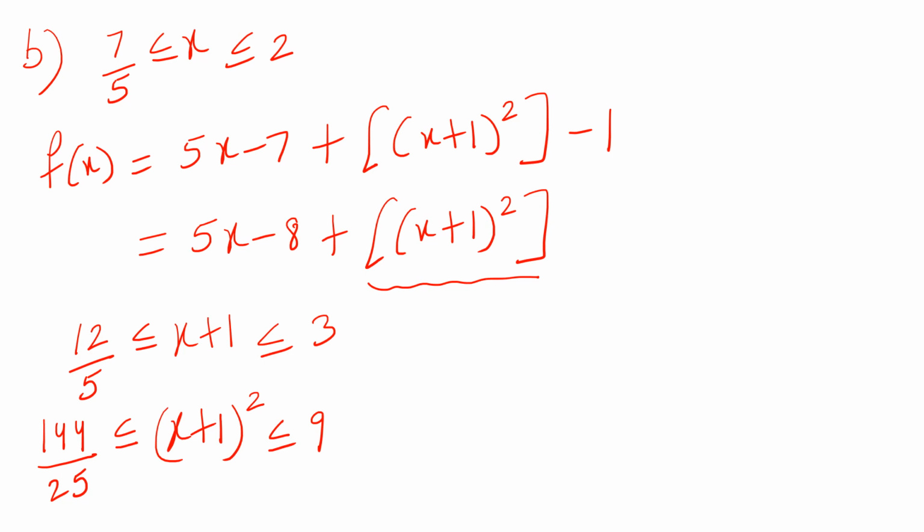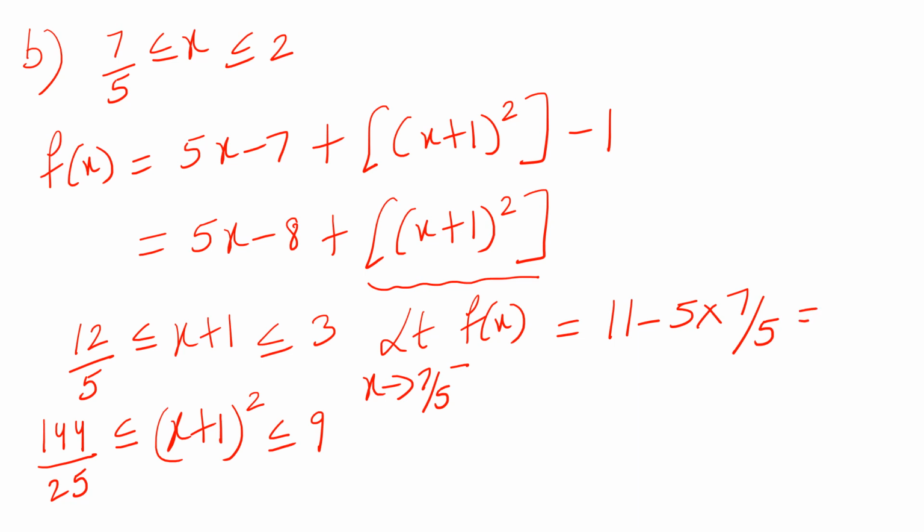The first one is the limit for the function f(x) when x is slightly smaller than 7/5, that is, the left hand limit at x = 7/5 is equal to 11 - 5 × 7/5, which is nothing but equal to 4.